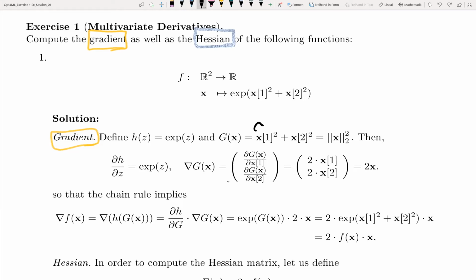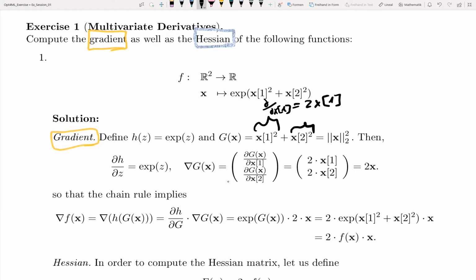Well, if we look at the partial derivative of this thing with respect to x1, it's a quadratic function, and the quadratic function has derivative 2 times the entry.